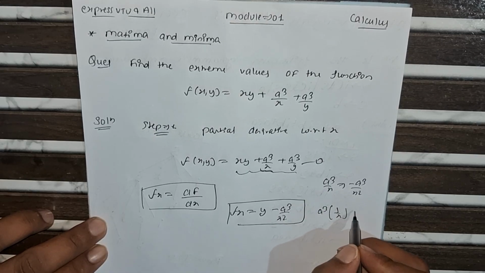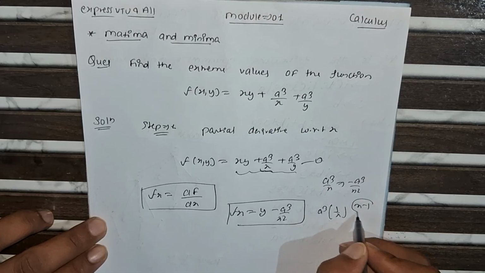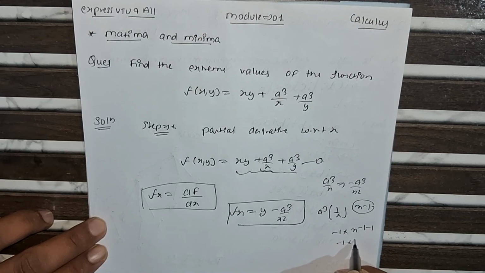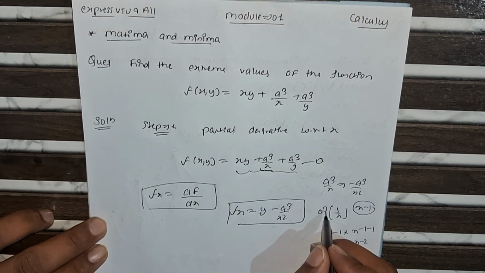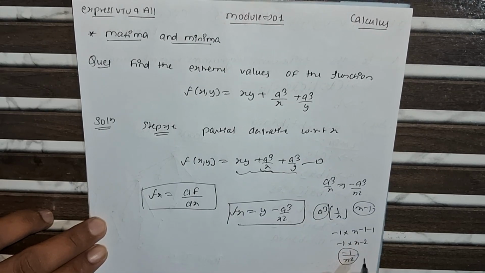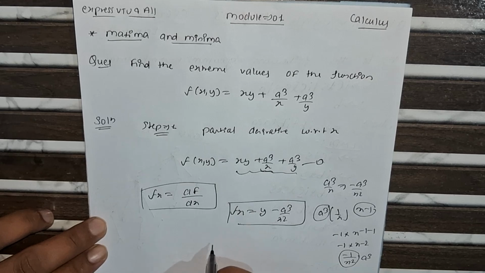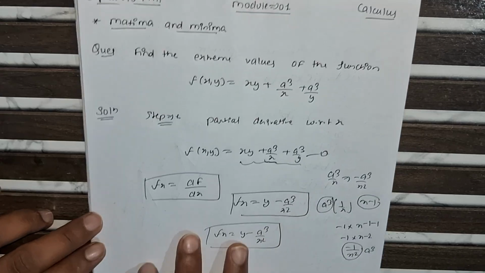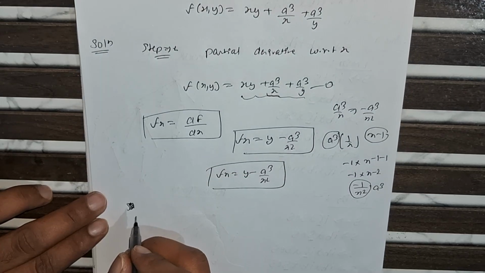So this is nothing but x to the power minus 1. So when you differentiate it, it becomes minus 1 into x to the power minus 1 minus 1. So minus 1 into x to the power minus 2. So minus 1 by x to the power 2. That's why I am writing here, a³ is constant, so multiply a³, it becomes fx equals to y minus a³/x².